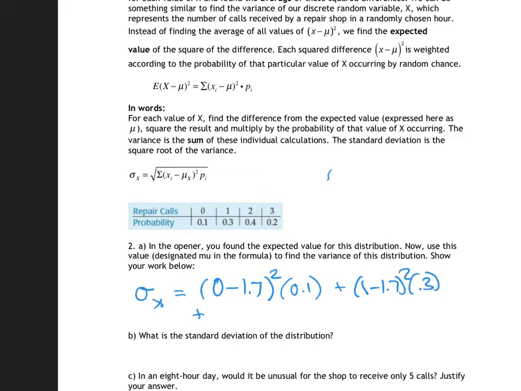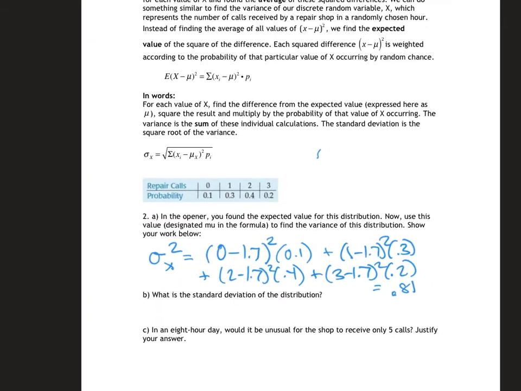Then plus 2 minus 1.7 squared times its probability, plus 3 minus the mean squared times its probability. I should have put a squared here. This gives you the standard deviation squared, or the variance, which ends up being 0.81.